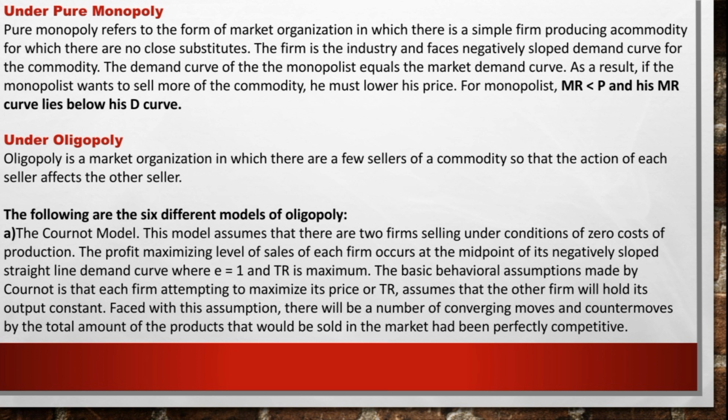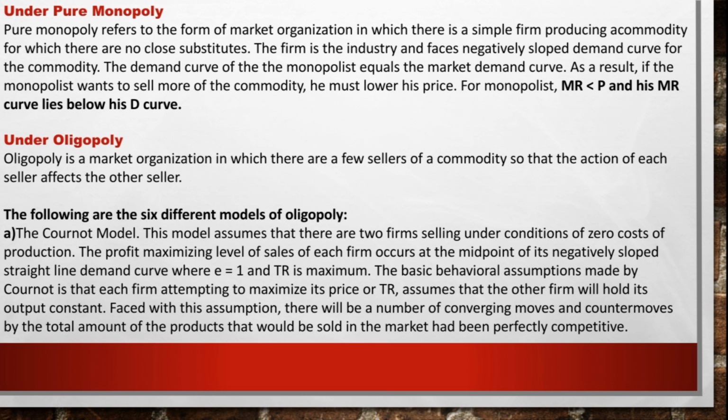Number 1, A. The Cournot model. This model assumes that there are two firms selling under conditions of zero cost of production. The profit maximizing level of sales of each firm occurs at the midpoint of its negatively sloped straight line demand curve, where E is equal to 1 and TR is maximum.